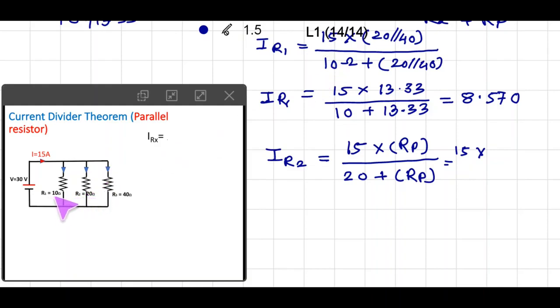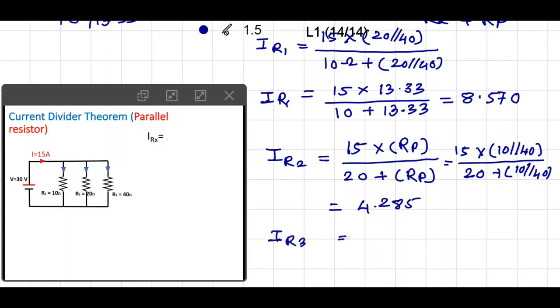Parallel resistances are R1 and R3. So that is 10 parallel to 40, divided by 20 plus 10 parallel to 40. That value is 4.285.